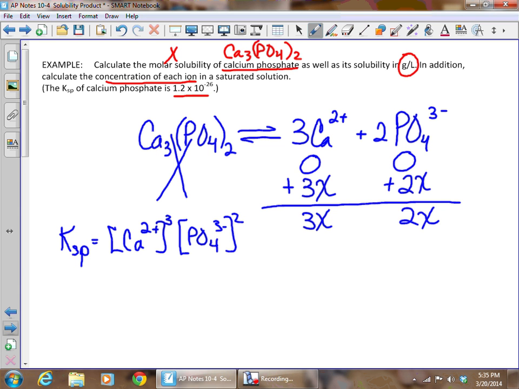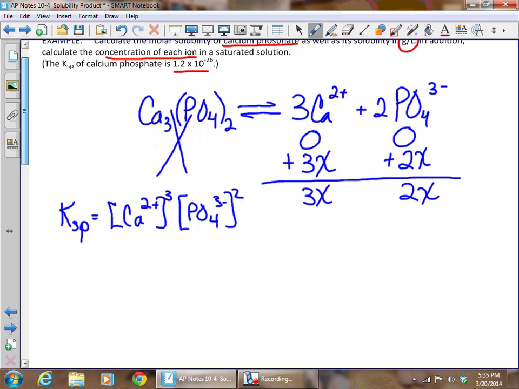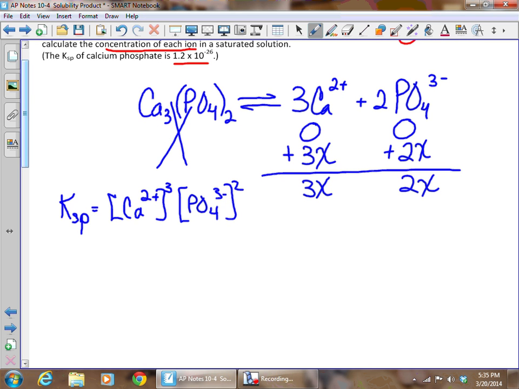Since above it showed us that the Ksp of calcium phosphate is 1.2 times 10 to the minus 26, we know calcium is 3x from our ICE equation, and that's supposed to be cubed. The phosphate is 2x, and that is supposed to be squared.